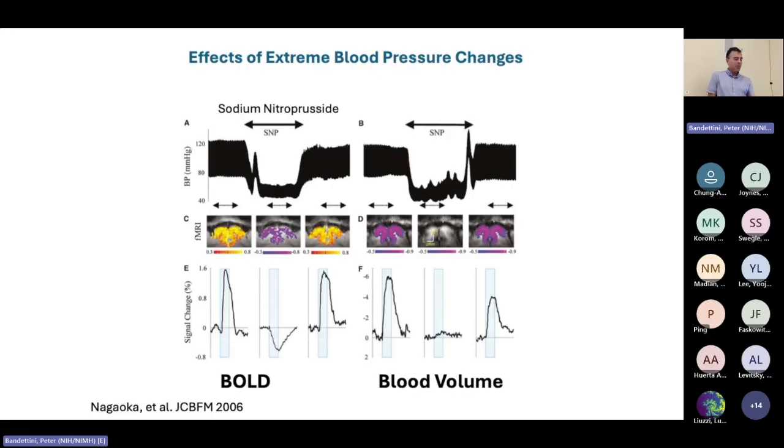I believe Sungjae Kim's group did this, published it in JCBFM in 2006, where, in an animal model, not in humans, they actually added sodium nitroprusside, such that the blood pressure went almost down to zero, but it was still enough that the blood was trickling through.